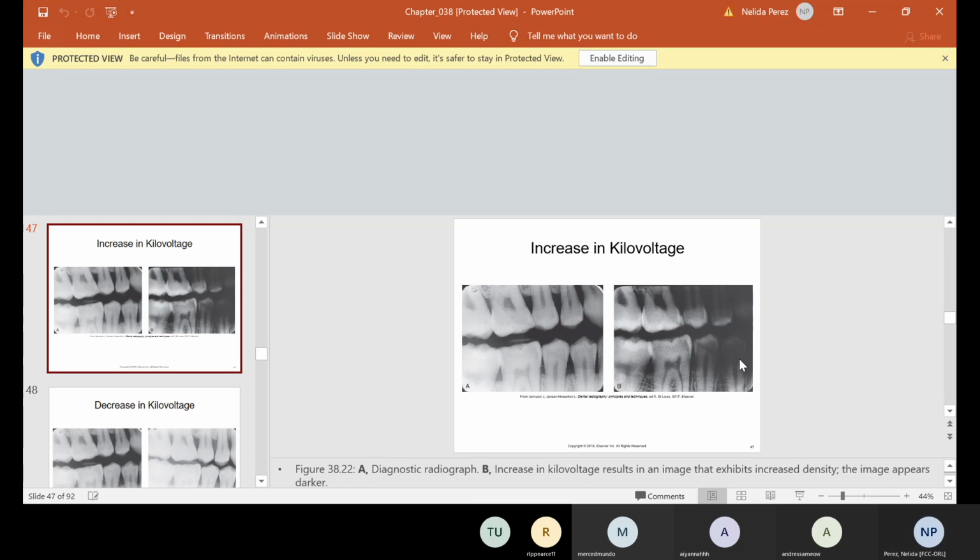So if you guys look, I want to go back to A because B is dark. So I don't know if your doctor is going to like that x-ray. Again, every doctor prefers their own contrast. But really, you want to be able to see x-rays like this because we need to see interproximally, okay, the mesial and the distal.